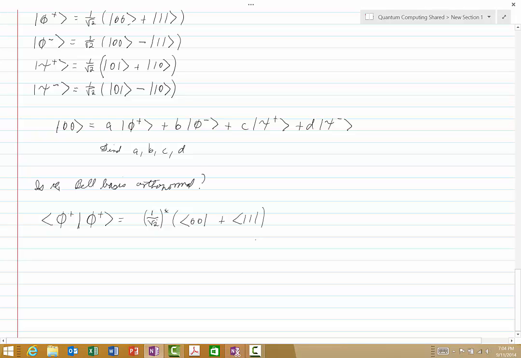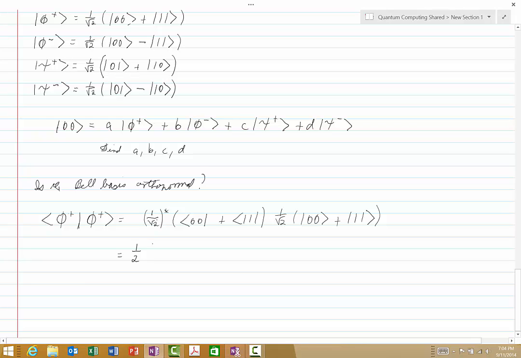And then for phi plus itself, we have 1 over square root of 2 times |0,0⟩ plus |1,1⟩. Now, the complex conjugate of 1 over square root of 2, since it is real, is just 1 over square root of 2. So we have 1 over square root of 2 and another 1 over square root of 2, which gives us simply 1/2.